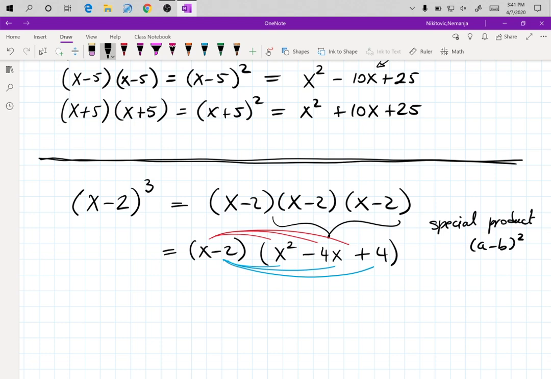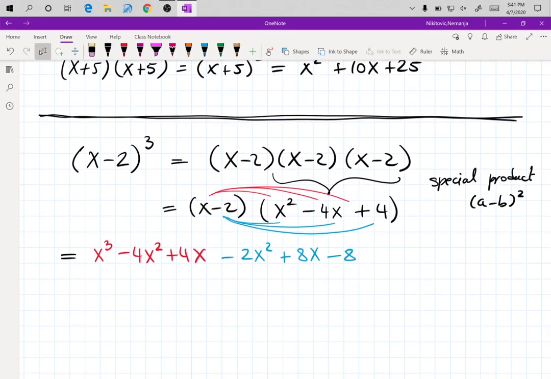So we get x cubed minus 4x squared plus 4x, those are the red ones, and then negative 2x squared for the blue, positive 8x, and negative 8 at the end.